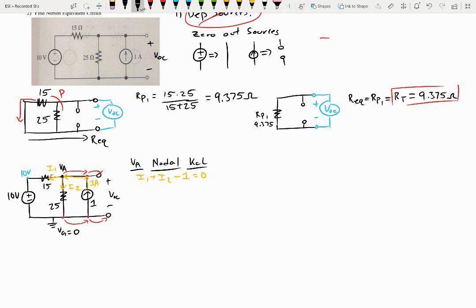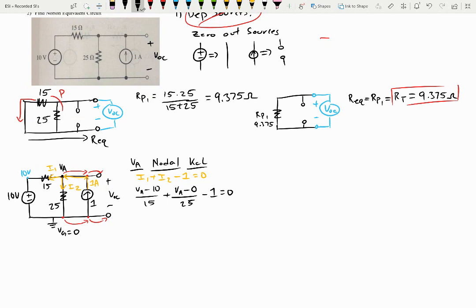So I1 will be V of A minus 10 over 15 plus V of A, so this is I2 right here, V of A going down, minus 0, we're ending at 0, over 25, minus, bring that 1 down, is equal to 0.